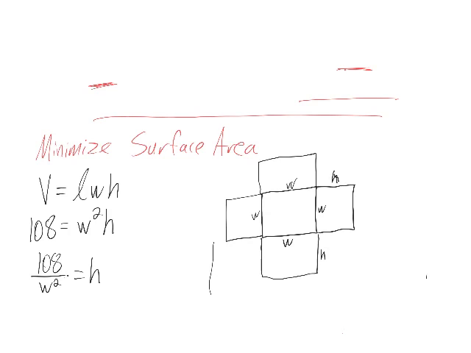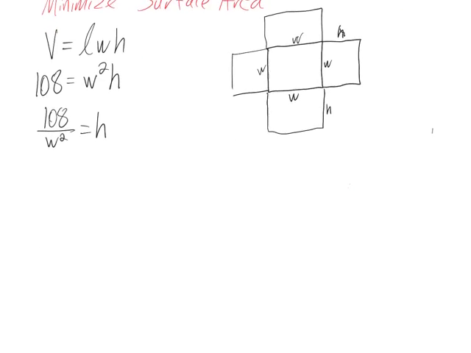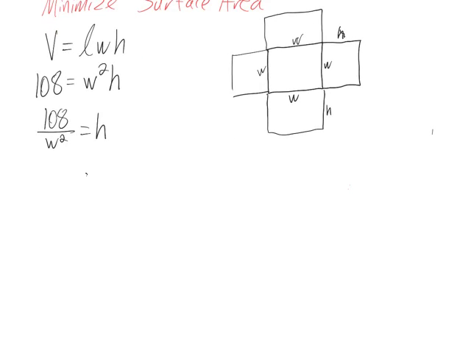Okay, so let me scoot up. You scoot up just a bit. And surface area is just all of those rectangles added together. So you have one base, which the area of the base is going to be W squared. And then that's going to be added to 4 times the side, because the side's going to be the same for all 4 sides.